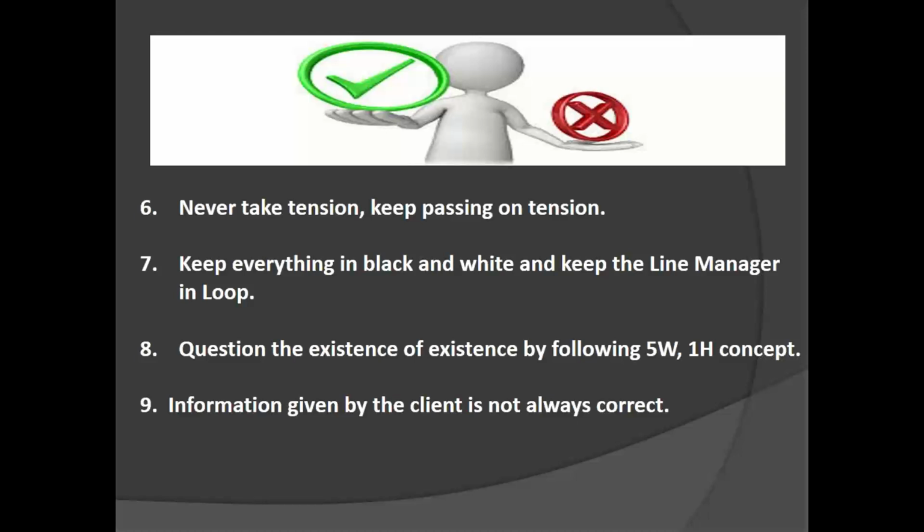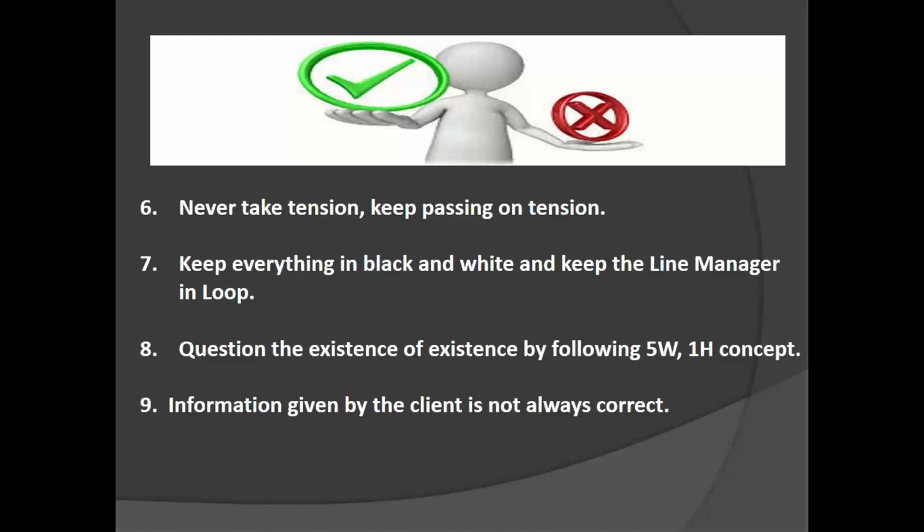At that time, you have to identify what kind of wrong information they have given, and you need to caution the client that if you are going to give wrong information, the project is going to fail. Then you need to ask him to give correct information. Okay, so these are the different do's and don'ts of what a BA is going to do.